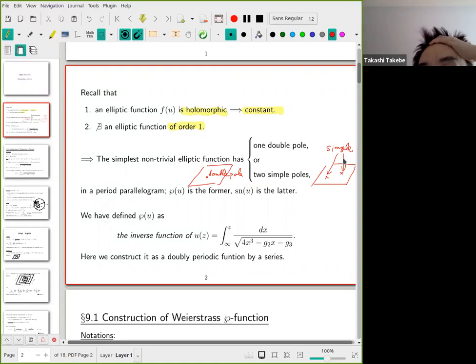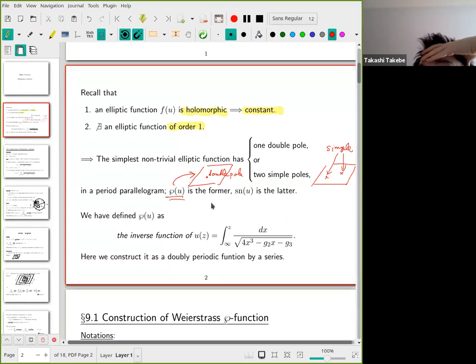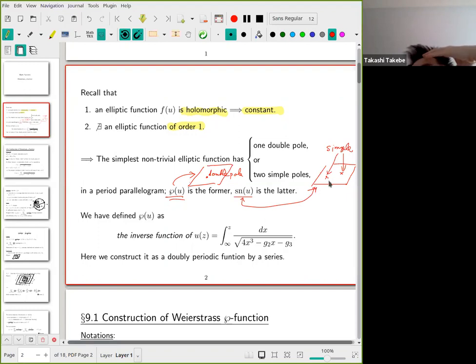And our P function, which we defined last time, was this type of elliptic function. And sn has two simple poles in one parallelogram.